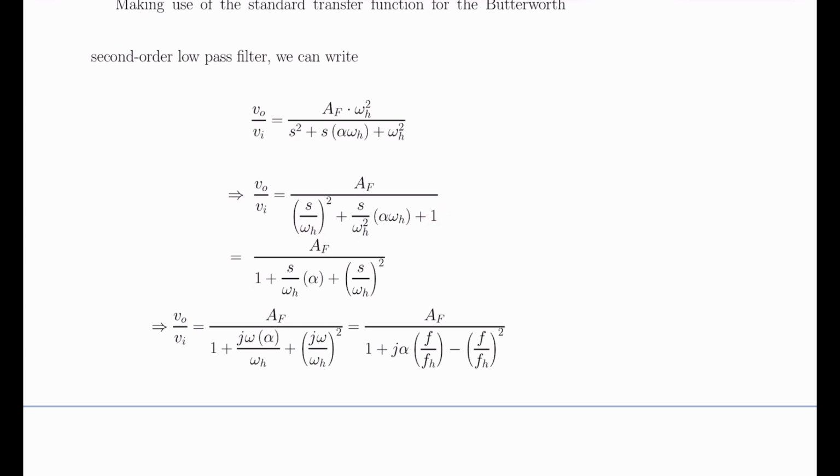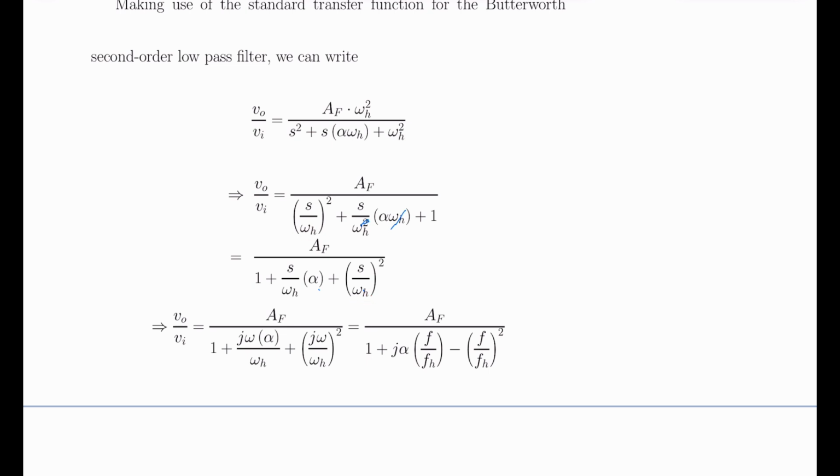Okay, so this one is written here. This is omega h here, and this omega h square, so this one cancels with this one. So you get here S upon omega h into alpha plus S upon omega h whole square.